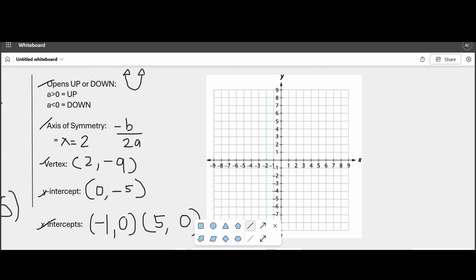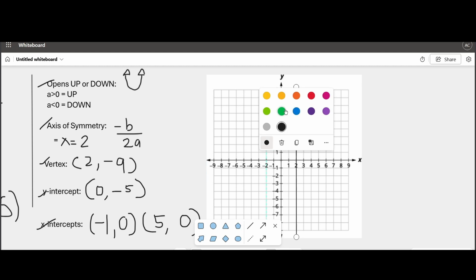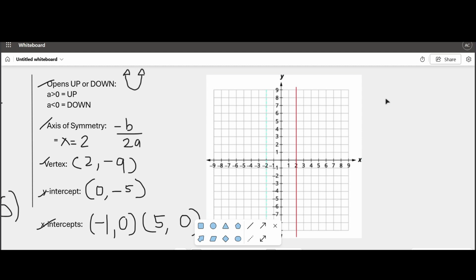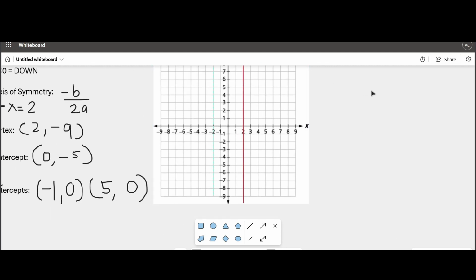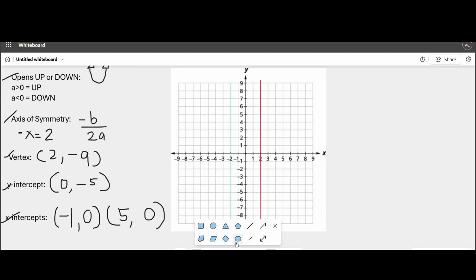It says here the axis of symmetry is x equals 2. So then we have to draw a line on x equals 2, okay? Now that we draw that line, let's change the color.